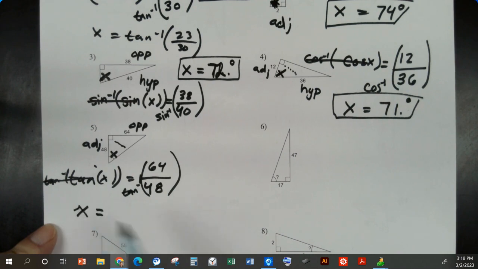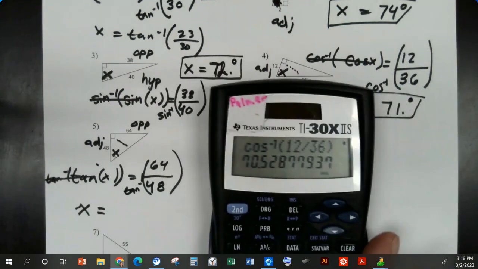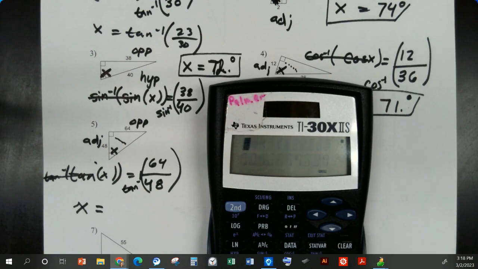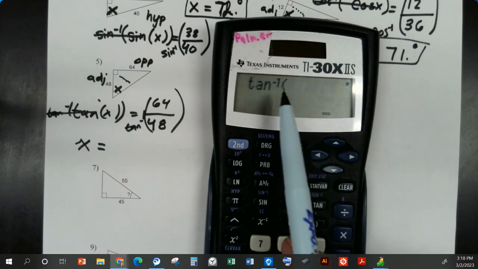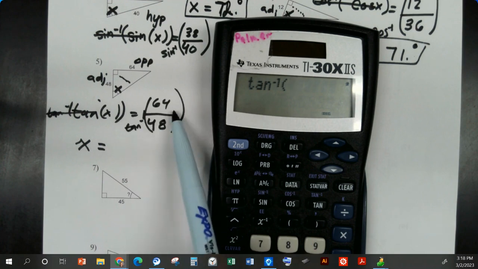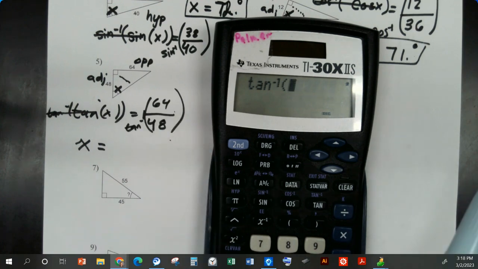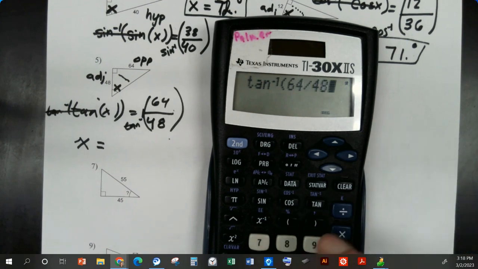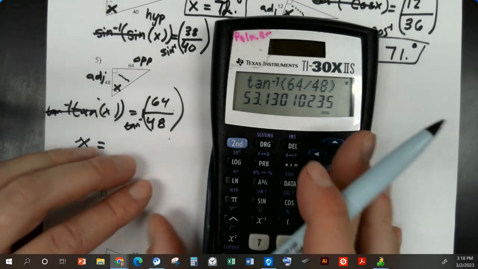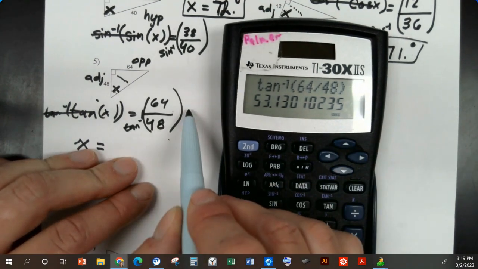We've got x on the left, and then we just type that into our calculator. So to type it in, again, we do second, and then we have our tangent button. So second tangent button gives us inverse tangent. And then we type our fraction in. So our fraction is 64 divided by 48. Okay, and then we got 53.